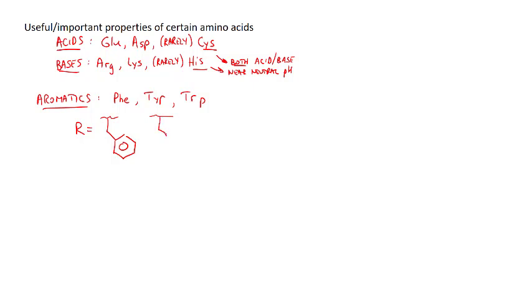For tyrosine, it's basically the same, except we've got an OH in position 4 on that ring. And for tryptophan, it's a bit different. We've got an NH in our side chain, and we've got 2 fused rings.